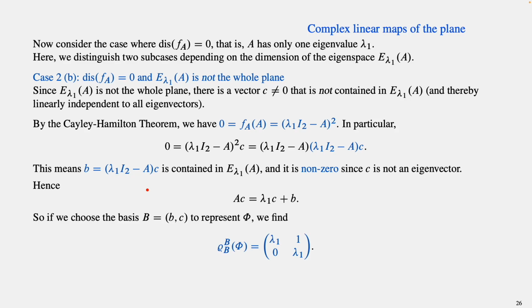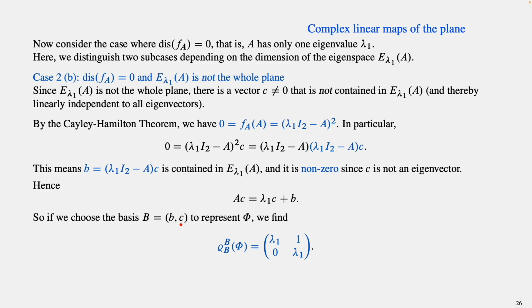And now we can write down the matrix representation of phi with respect to the basis formed by the vectors B and C. Namely, it's the following. The eigenvector B comes first, so it's represented by the vector (1, 0), gets mapped to lambda 1 times itself. So this just gives lambda 1 times the vector (1, 0) as the first column.